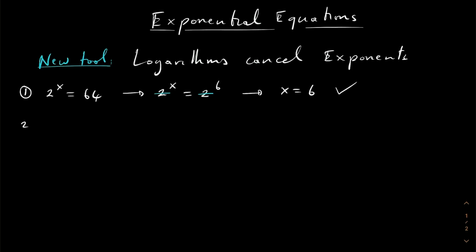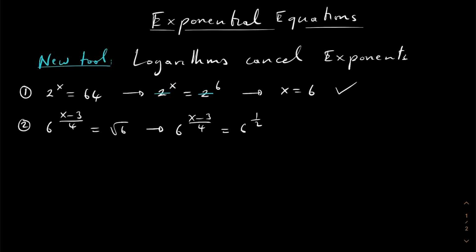All right, my next example here is going to be 6 to the exponent (x minus 3) divided by 4 equals the square root of 6. The square root of 6 is the same thing as 6 to the power of 1/2.